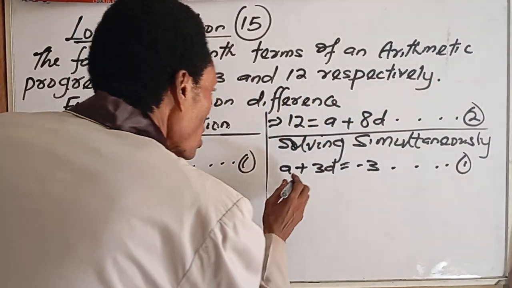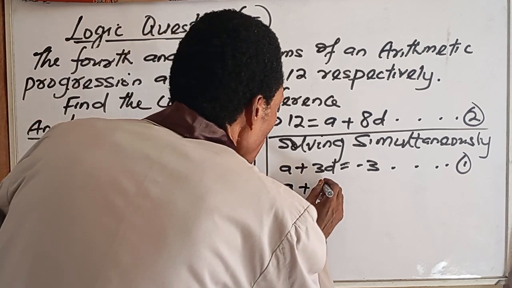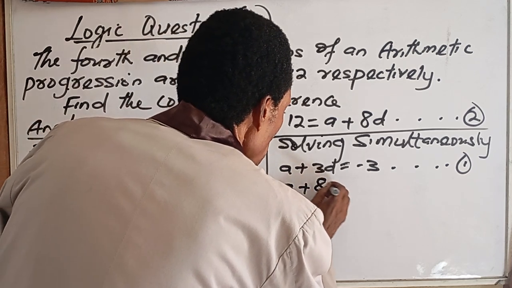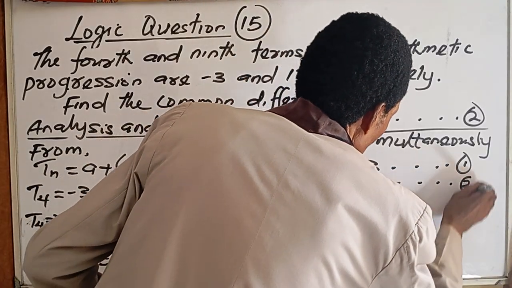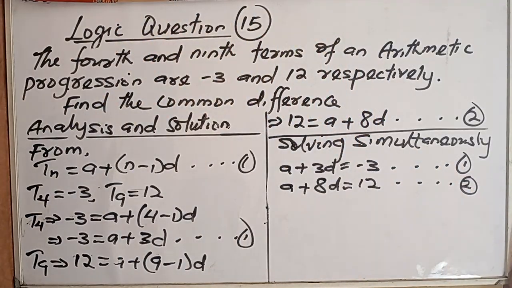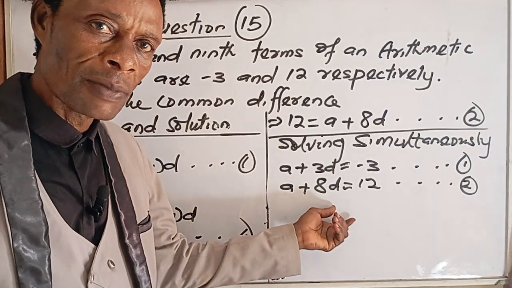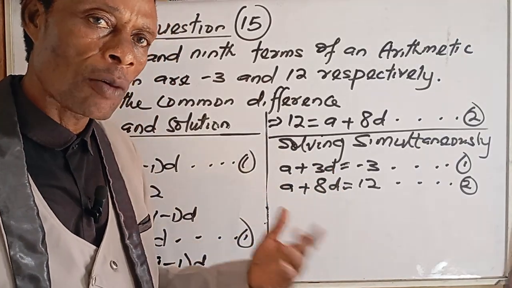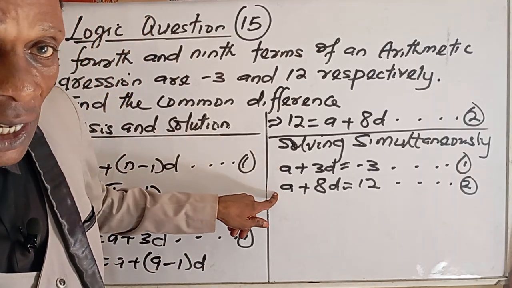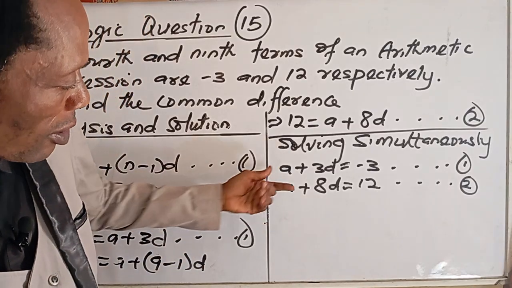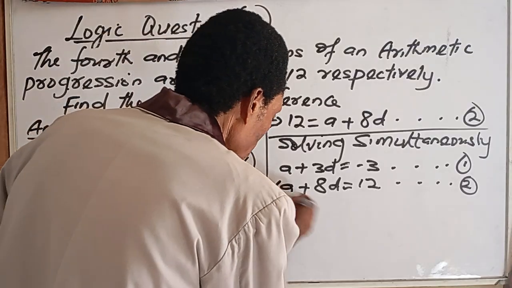And the other, equation 2: A plus 8d equals 12. Now mark you, we are looking for d. For that we apply the elimination method, and I have to make sure the A terms are the same so that they cancel. Looking at it, they are the same: A and A.